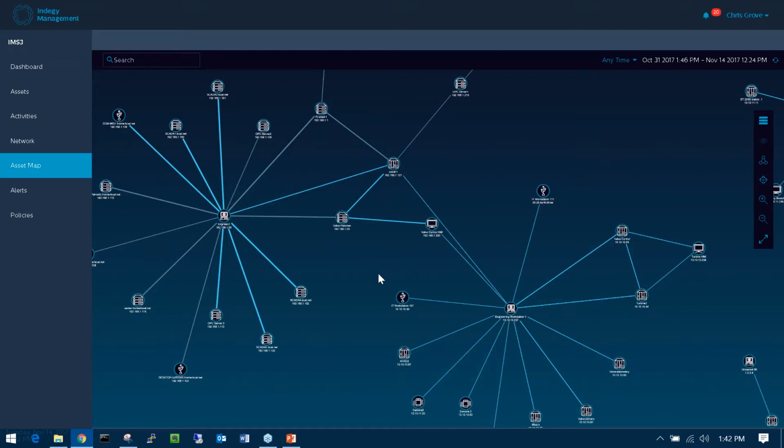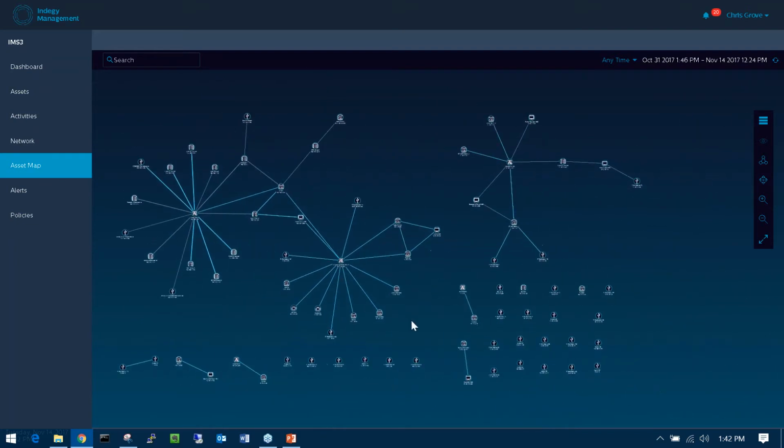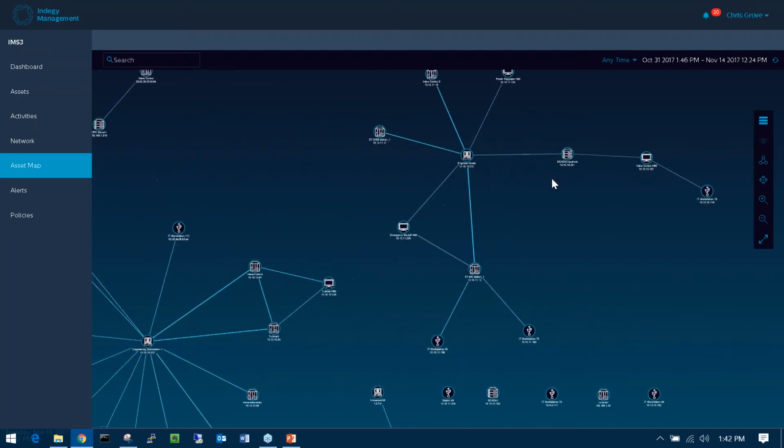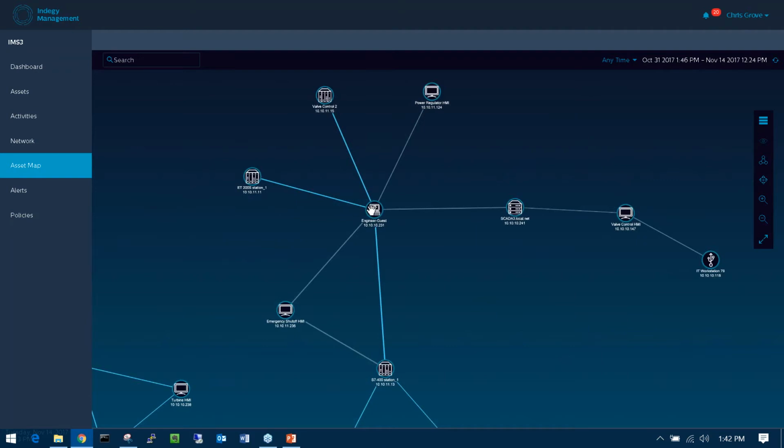So there's a few different things that you might want to focus on around your HMIs. Usually this particular network that I work with would look like this piece over here on the right, which is isolated. This is what I expect to see with my networks. I can see my engineering workstation here.